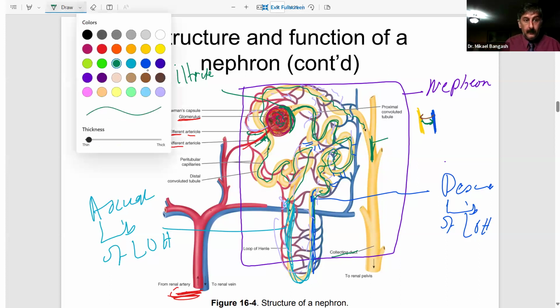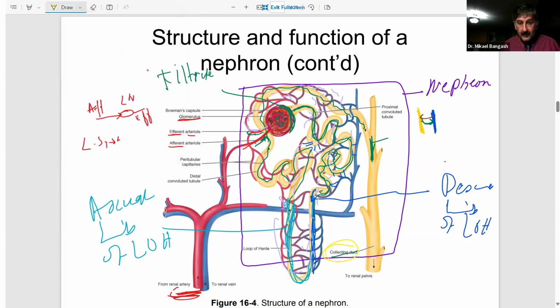Clear. But what we can say is that once that transport between the tubules and your peritubular capillaries is over, whatever is collected in the collecting duct is what you will call urine.